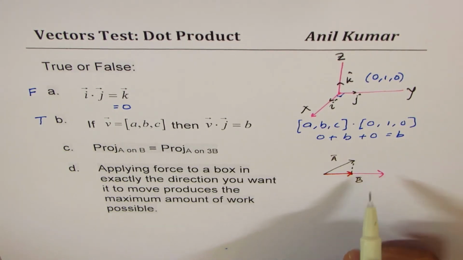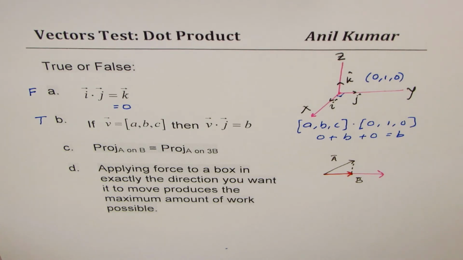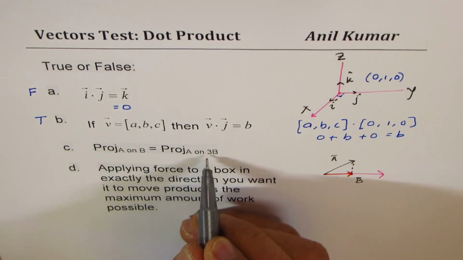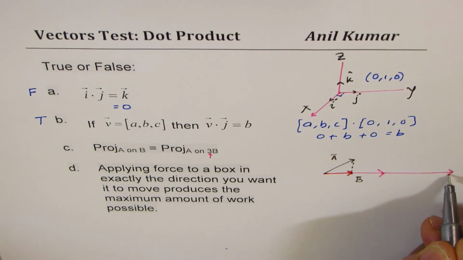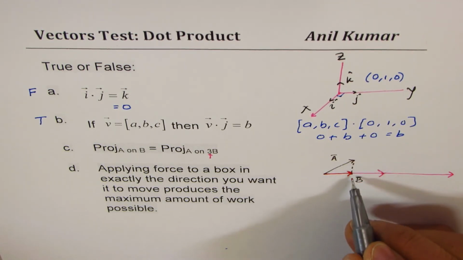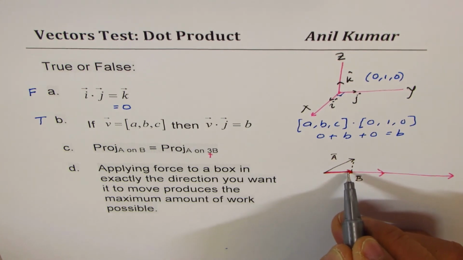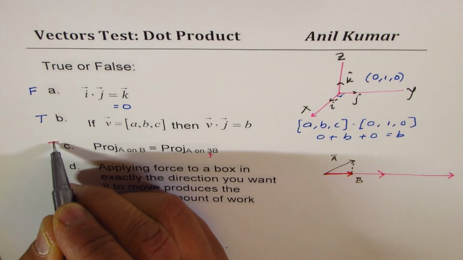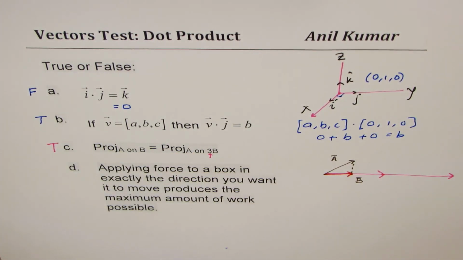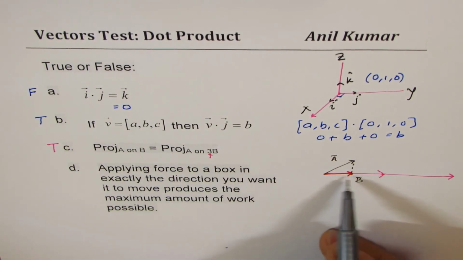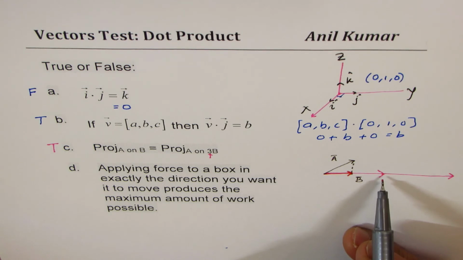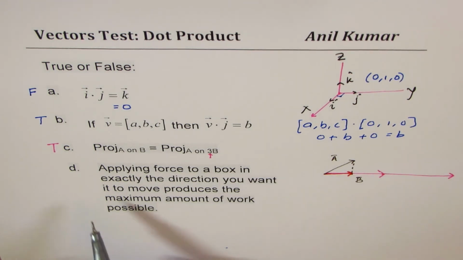Vector projection. Now what is the projection of A on 3 times B? 3 times B means this is longer, right? Now it doesn't matter, the projection is still the same. So this is true for us, since we are actually interested in the unit vector along B, so the magnitude of B doesn't make any difference.